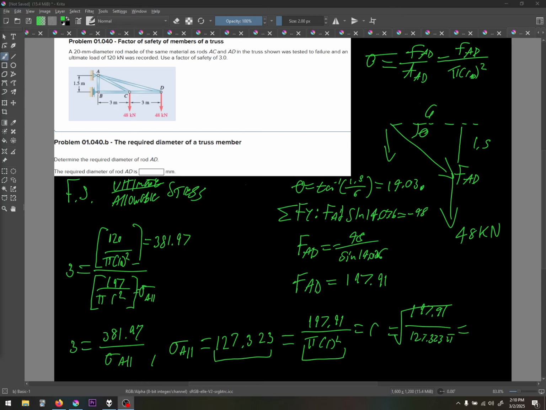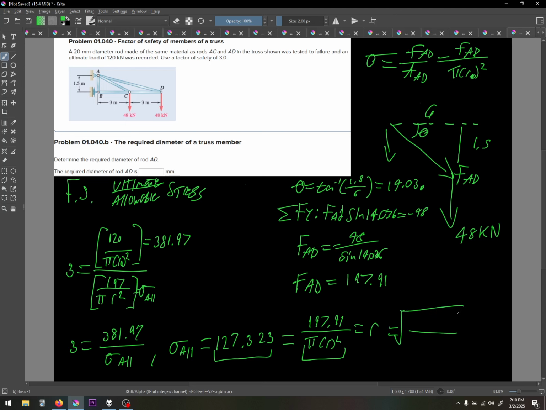Yes, whoops. I plugged FAD in. These are flipped. Sorry about that. This actually should be the square root of, let's flip them. Strike that, reverse it. U allowable is going to be FAD is 197. This is going to be, yes, U allowable.